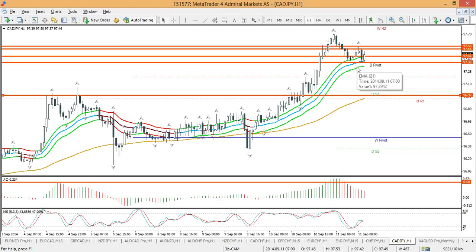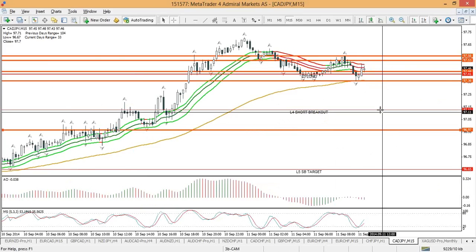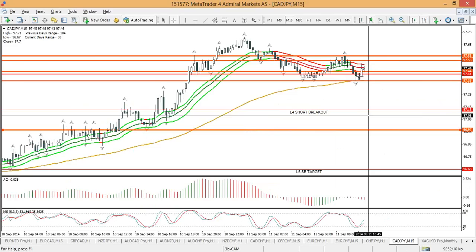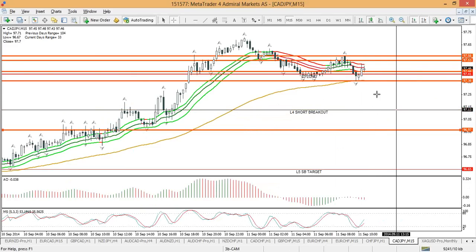Right, but I would not be really that excited about it. The only thing that could happen is maybe indeed if price breaks below the L4. But if it's above the L4, I would not be too excited about it. I would like to see the moving averages on the 15 at least bearishly aligned and price break below L4 after a bounce.